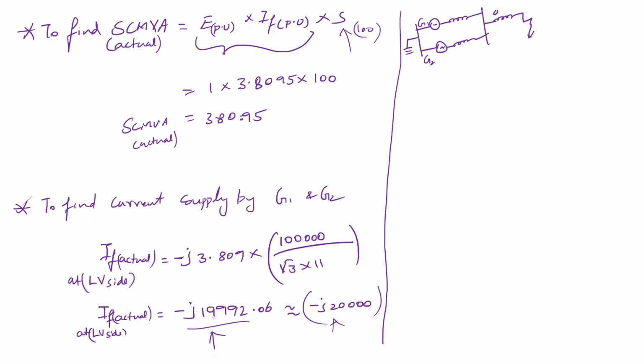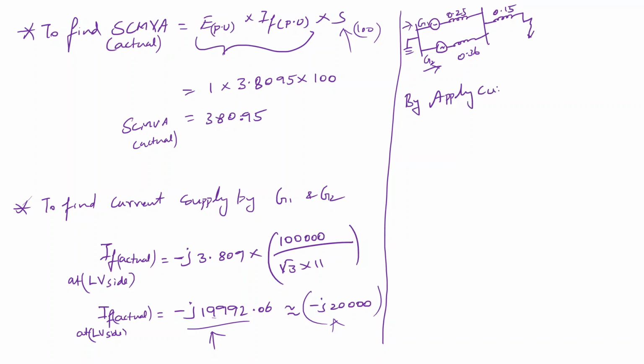This value is 0.15, this value is 0.25, and this is 0.36. These are all the values we know. Now to find the current flowing at G1 and the current supplied by G2, these two values only I want to know.